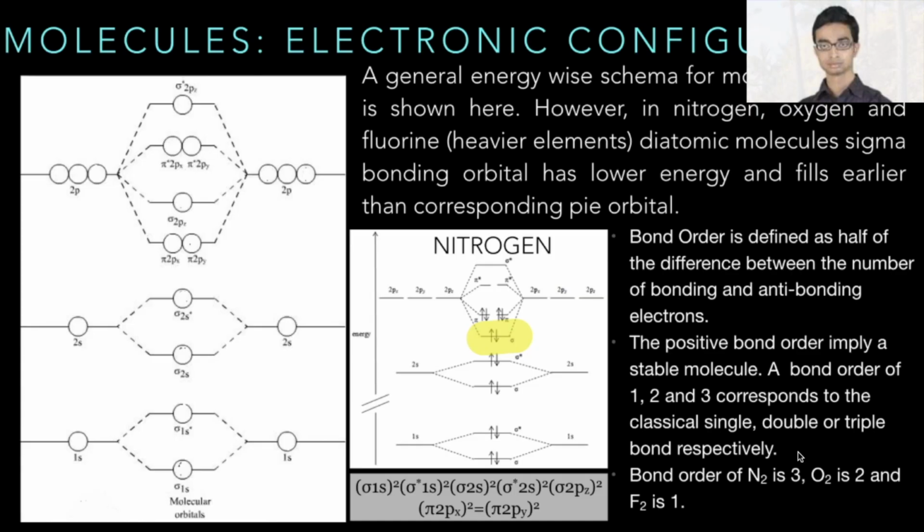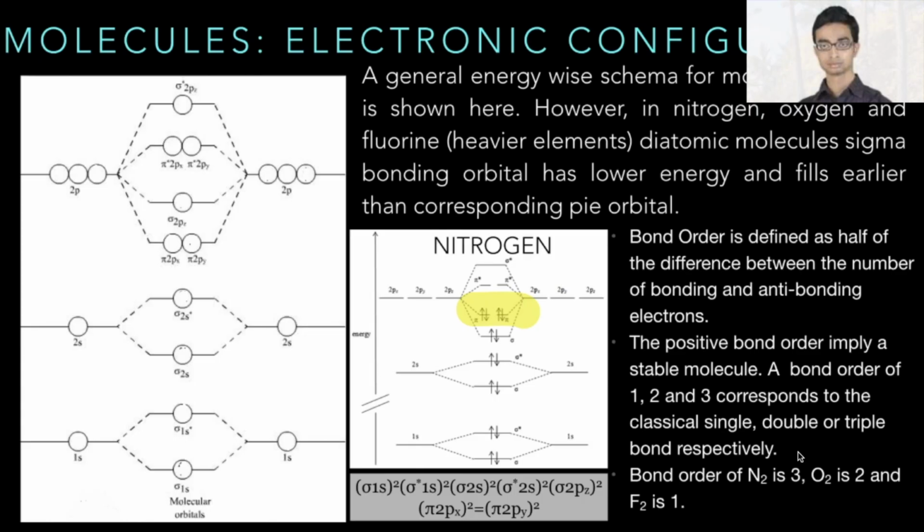For example, the electronic configuration of the homonuclear diatomic nitrogen molecule is sigma bonding 1s2, sigma antibonding 1s2, sigma bonding 2s2, sigma antibonding 2s2, sigma bonding 2pz2, pi bonding 2px2, pi bonding 2py2.